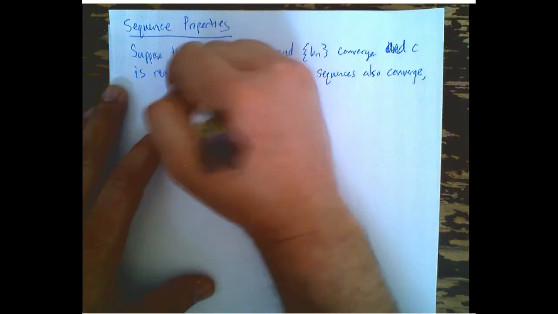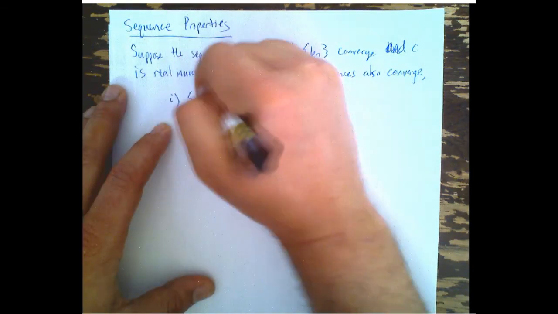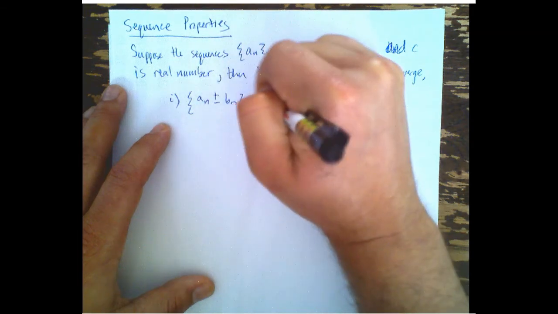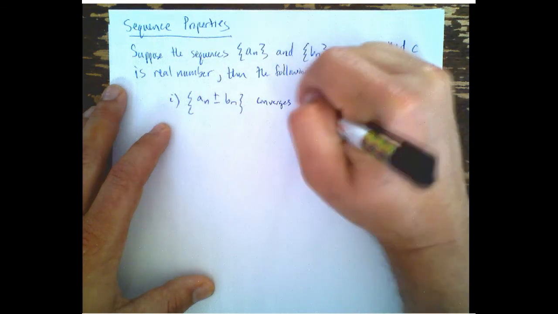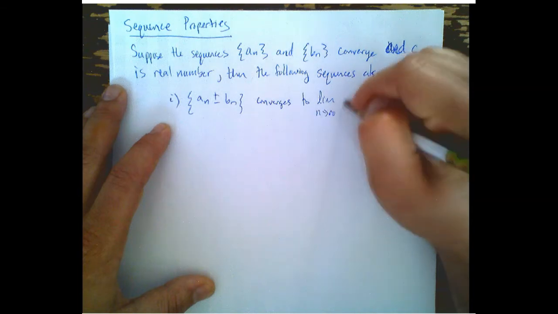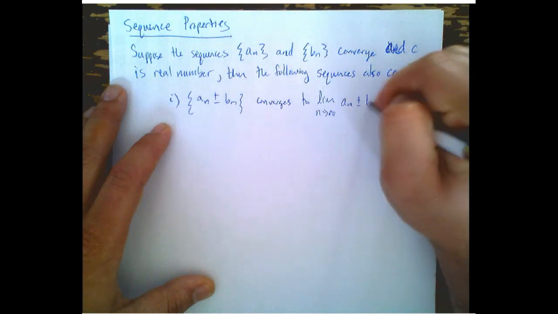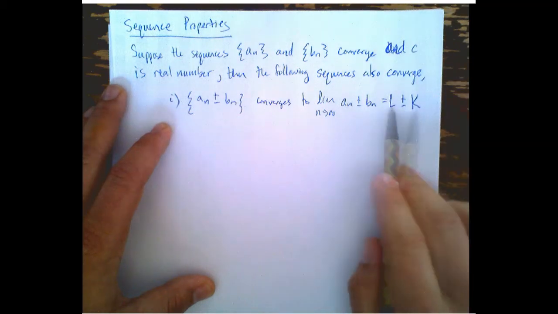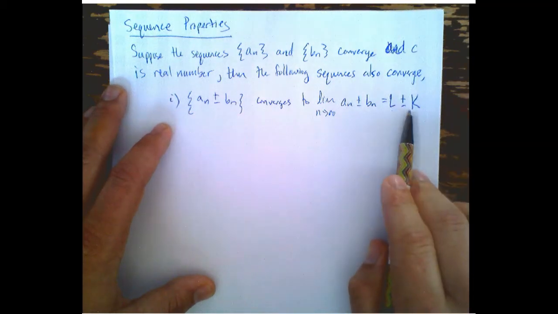First one, the sum or difference of the two sequences converges to the limit as n goes to infinity of a sub n plus or minus b sub n, which is, because a sub n goes to some real number, let's say it goes to L, plus or minus b sub n goes to, let's say, K. L and K are both finite, therefore their sum or difference is also finite.